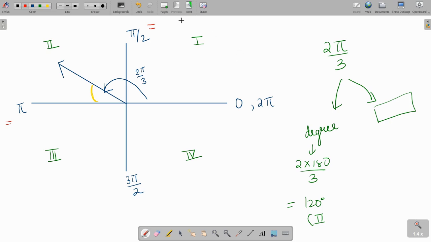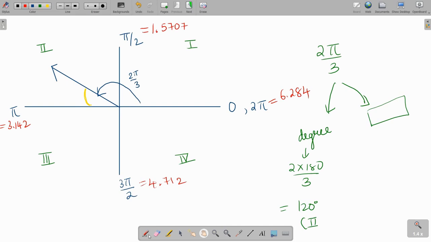So when I substitute, this comes as 1.5707, and the value of pi everyone knows, and 3 pi by 2 is 4.712, and 2 pi is nothing but 6.284.